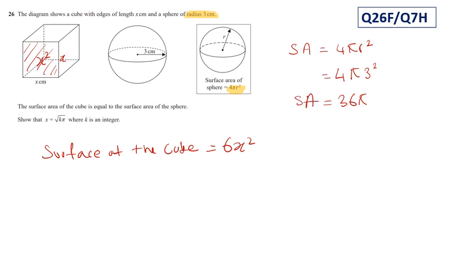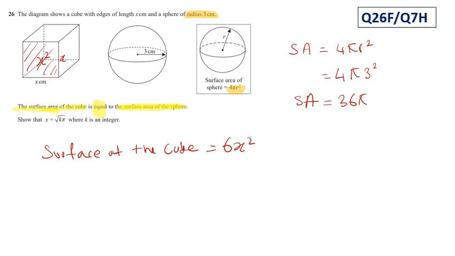Now we've been told that both the surface areas of the two shapes are equal. Here, the surface area of the cube is equal to the surface area of the sphere. So what I can do is equate the two things together.